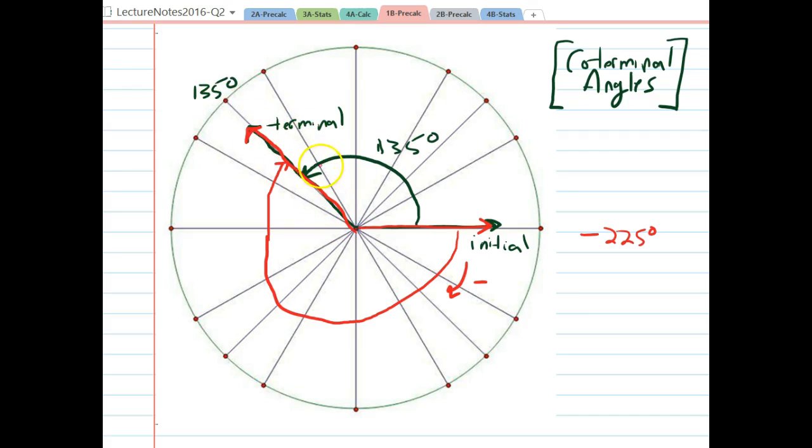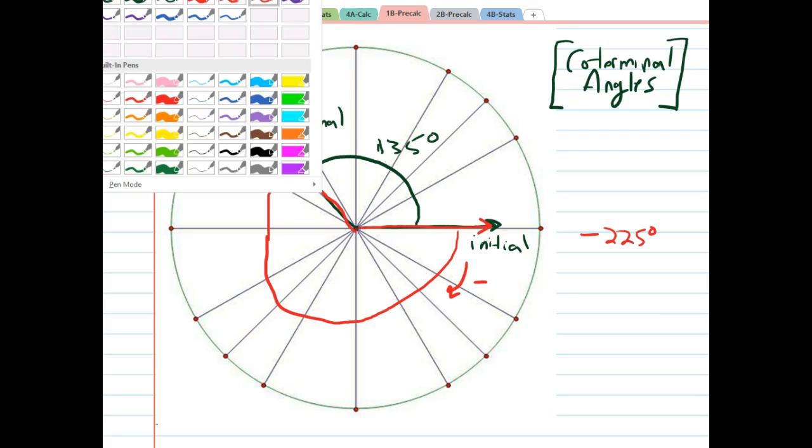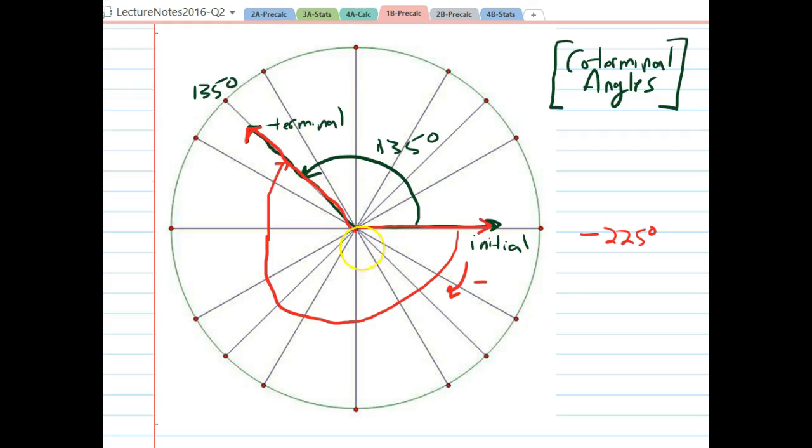And so unless you saw me do the rotation, you would not be able to tell which one was 135 and which one was negative 225, because they basically look the same. And those are what we call coterminal angles.